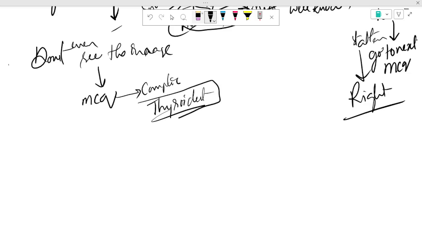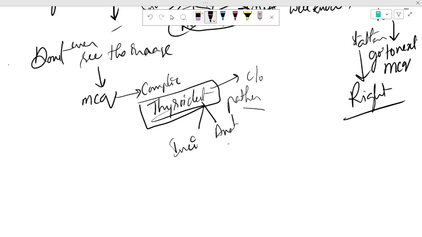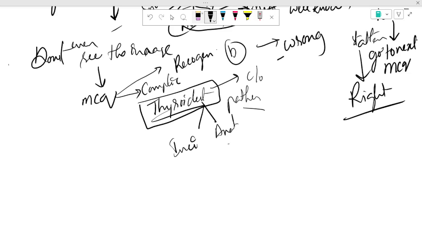You will recall all the concepts of thyroidectomy: the incision given in thyroidectomy, the anatomical aspects, the pathological aspects where thyroidectomy is done, and the complications of thyroidectomy. But if the examiner is actually asking you to recognize the structure which is given beside the thyroid with option B, then obviously you will mark the answer wrong. Why?